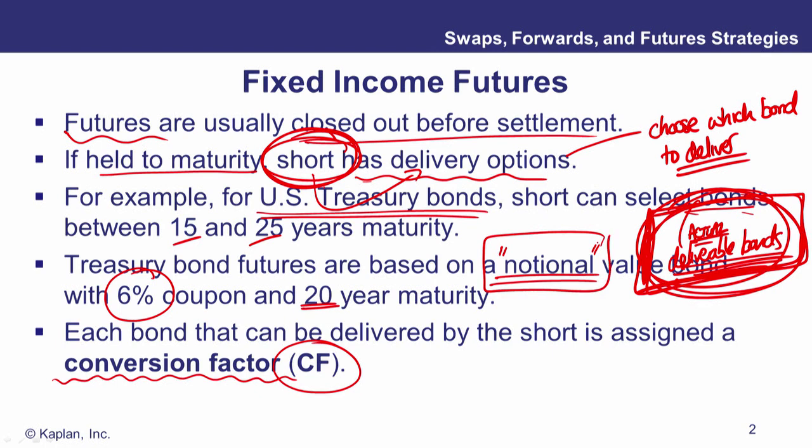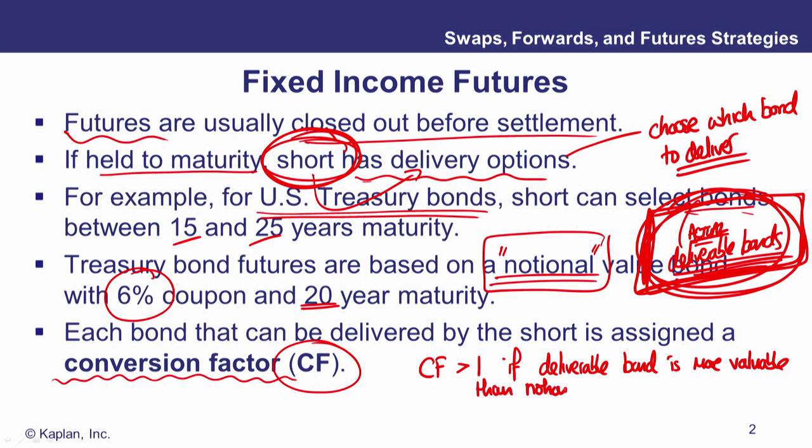In essence, the conversion factor will be above 1 if the deliverable bond, that's the bond that can actually be delivered, is more valuable than the notional bond. Don't forget the notional bond is the 6% 20-year.